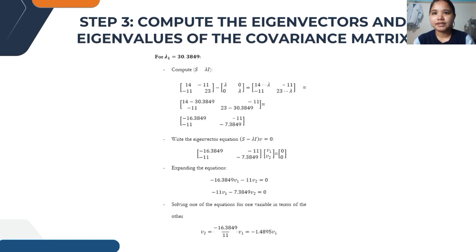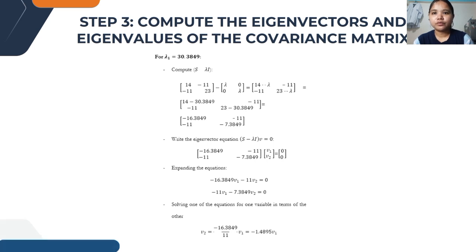So we got this answer, and then writing the eigenvector equation, which is the covariance matrix minus lambda times the identity matrix times V, and then expanding the equations, we get negative 16.3849 v sub 1 minus 11 v sub 2 equal to 0. And on the second row, we have negative 11 v sub 1 minus 7.3849 v sub 2 equal to 0.